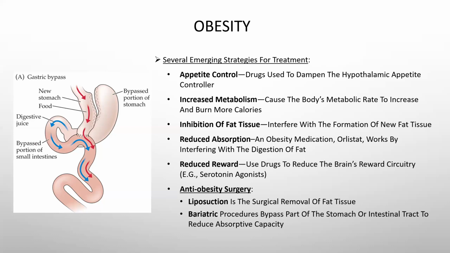And then anti-obesity surgery. On the left-hand side, I gave you a figure there that has to do with bariatric procedures, which bypass part of the stomach or intestinal tracts to reduce absorptive capacity. But we also know that liposuction is also used, which is a surgical removal of fat tissue.